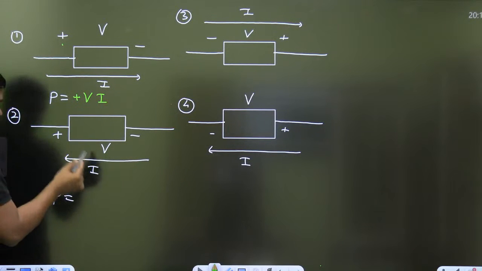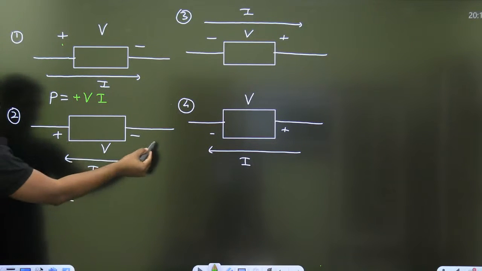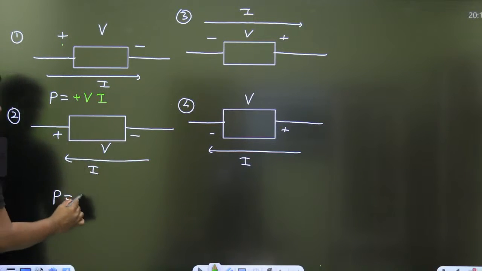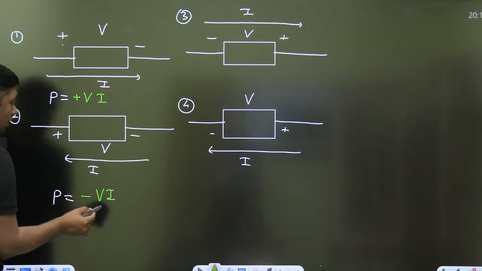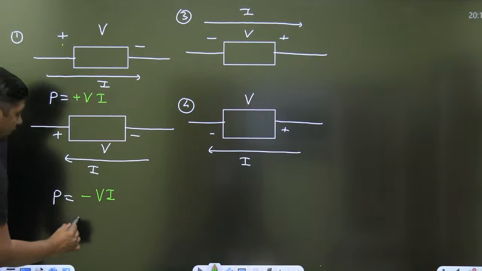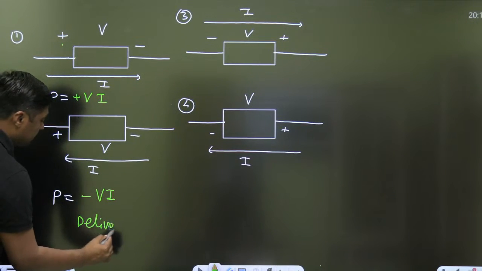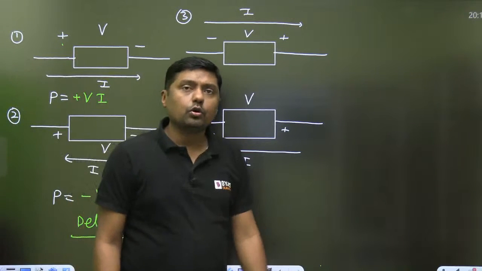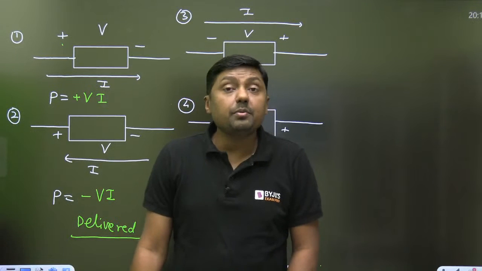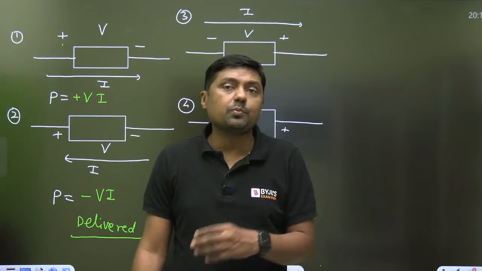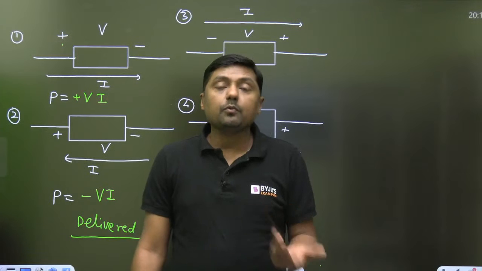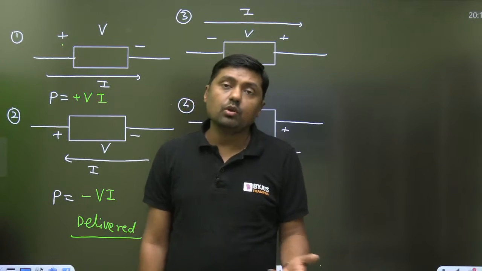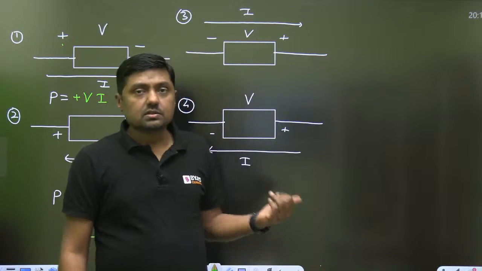In the second case, the current enters through the negative and leaves the positive, which means power is minus VI, and a negative sign means power is delivered by the element. It may be a voltage source, a current source, a capacitor or an inductor. When the capacitor discharges, it gives energy. When the inductor discharges, it gives energy. So that is the case.